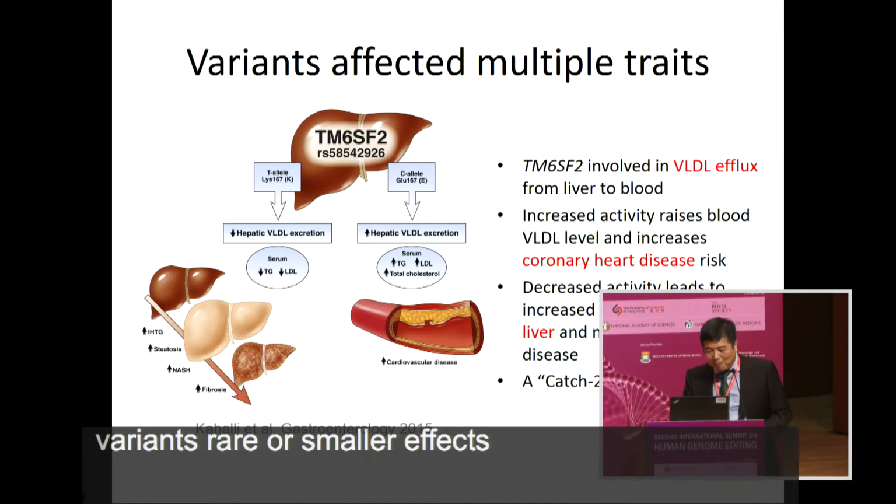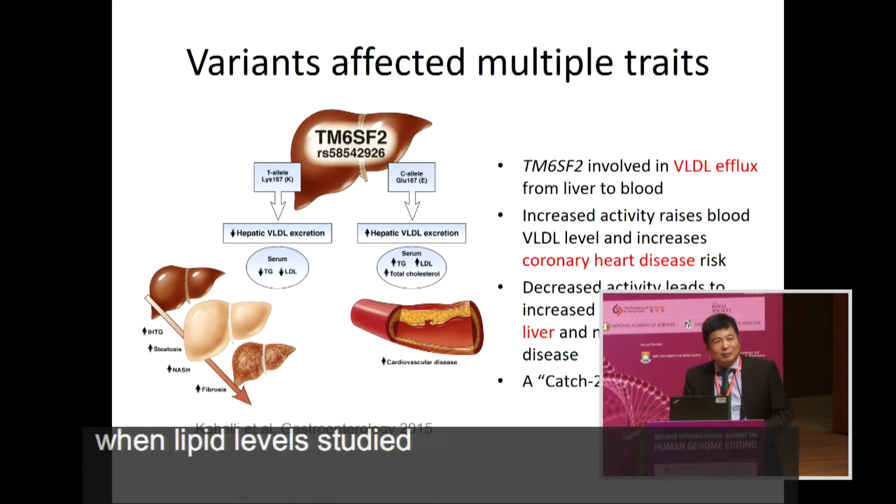So this gene, TM6SF2, has a variant that lowers blood lipid levels, but the same variant increases the risk of fatty liver disease.